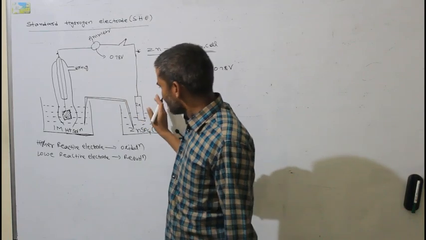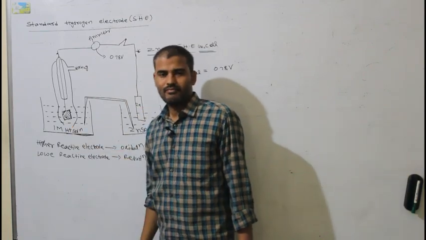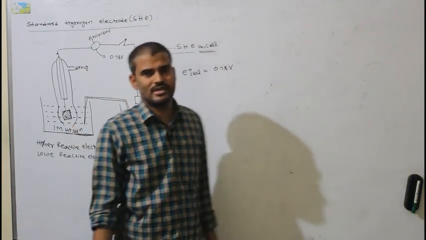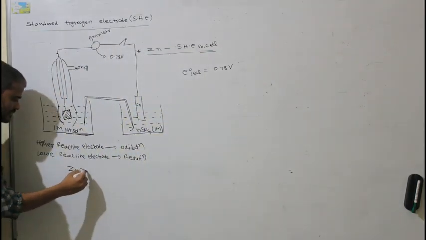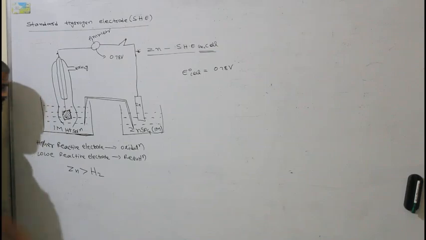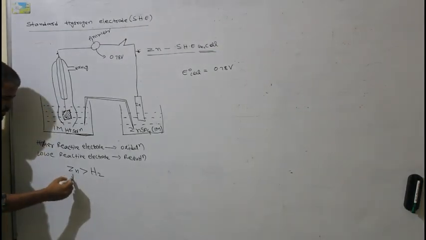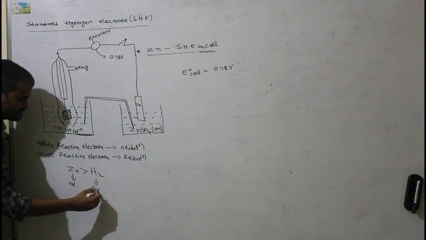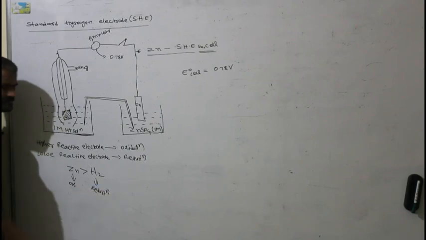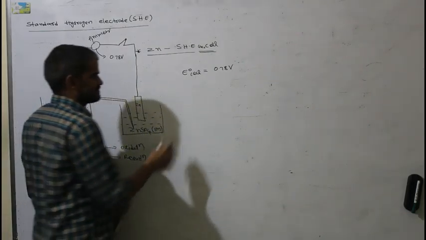Now here we have the zinc electrode and hydrogen. Among zinc and hydrogen, which is more reactive? Zinc is more reactive than hydrogen. That means zinc will undergo oxidation and hydrogen will undergo reduction. Write the reaction.